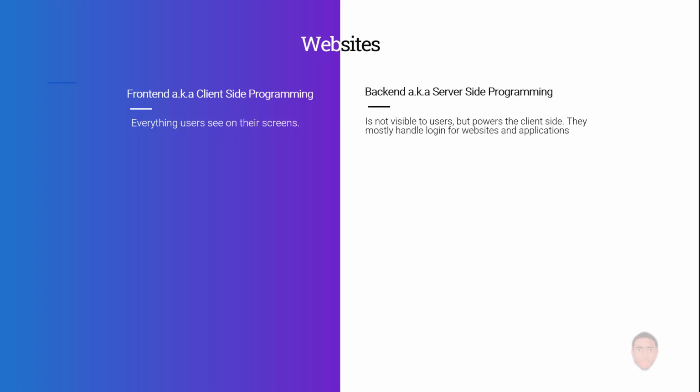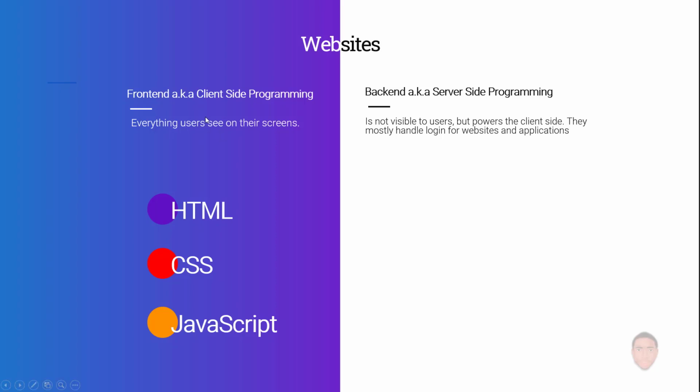Now, for the front end, there are some things that you need to know if you're working on the front end of a website. The first one is something we call HTML. Another is CSS. There's something else again we call JavaScript. These are the major players when it comes to front end.